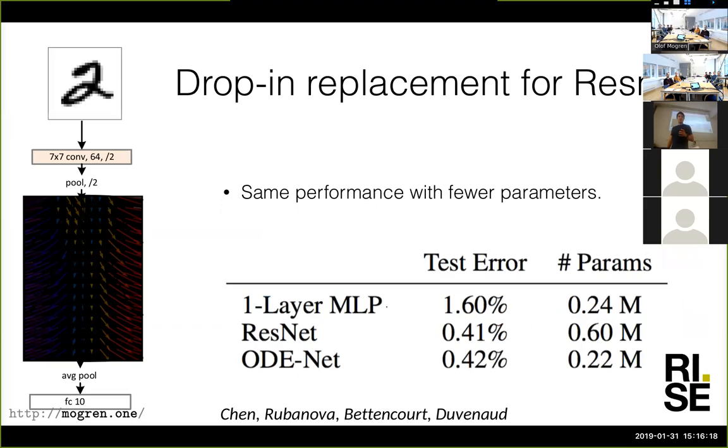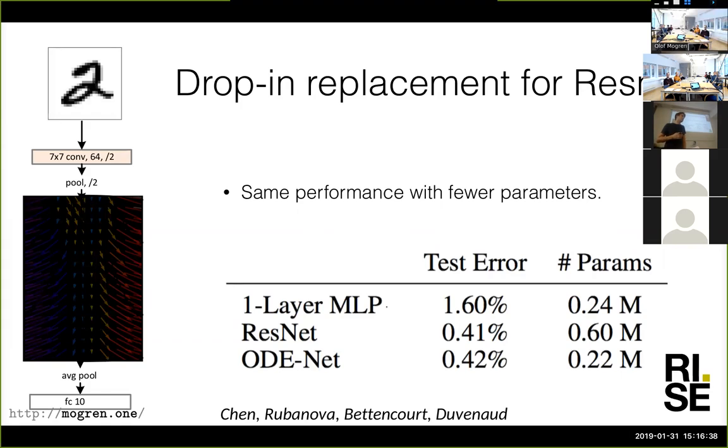Right. So the first experiment in this paper is, surprise, surprise, MNIST, handwritten digits, and they show that they get the same performance as a residual network with much fewer parameters.